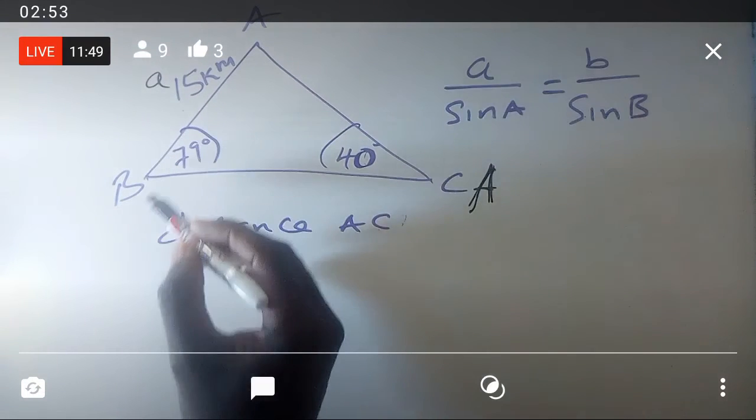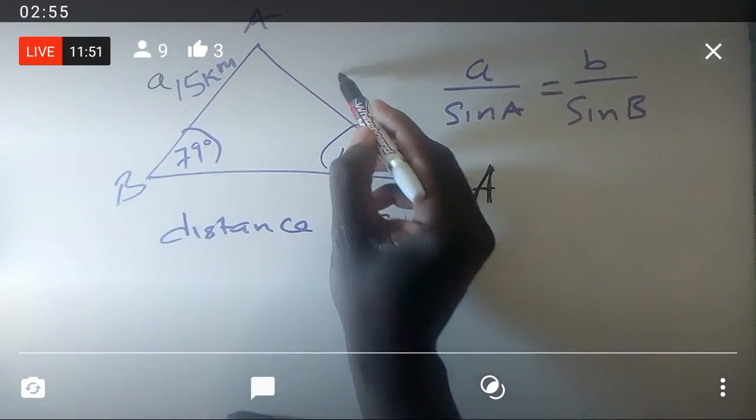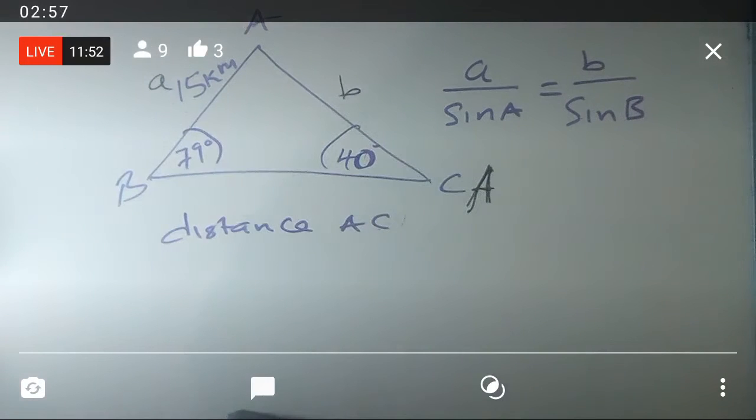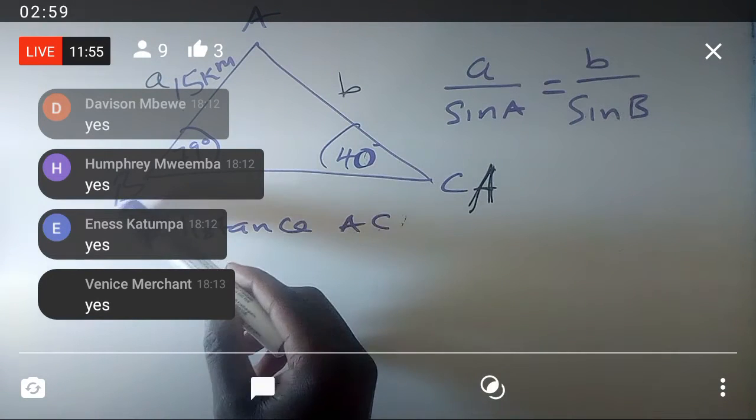The other side will be small letter b, opposite to angle B. Hopefully it's making sense.